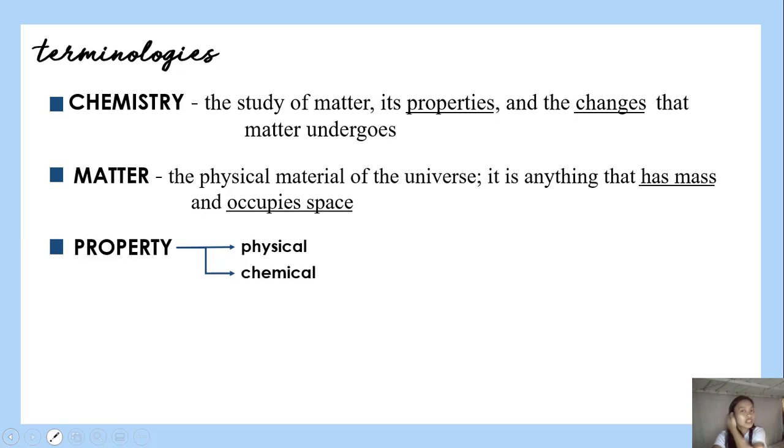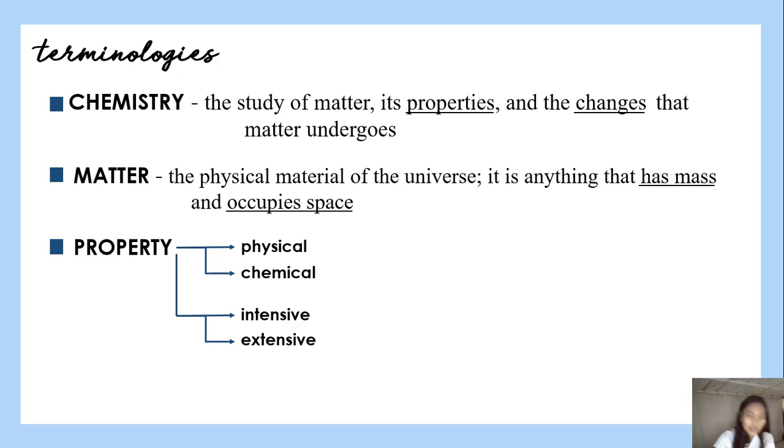So basically, physical properties of matter are characteristics that can be observed without altering the identity of the material. Now, chemical properties, on the other hand, can only be observed when the matter or the material undergoes chemical change.